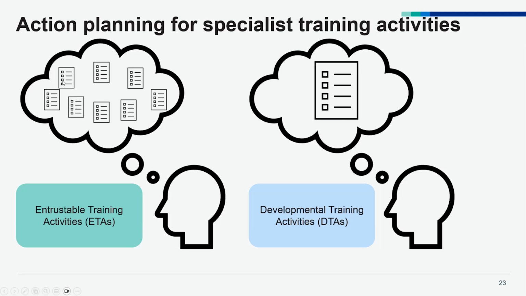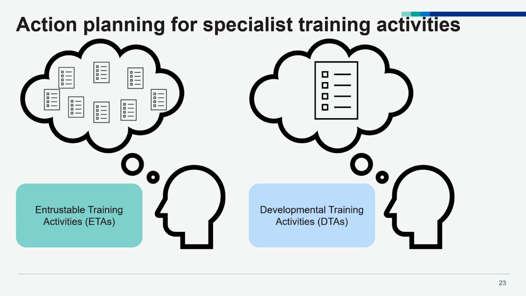For ETAs, you might have, as I mentioned before, these mini action plans after each reflection that you do. So action planning for ETAs will be in the short or medium term: what you need to do to move to entrusted status in that activity. They'll happen as part of the reflective practice cycle, so they won't be in addition to that. It's part of that cycle anyway, isn't it?